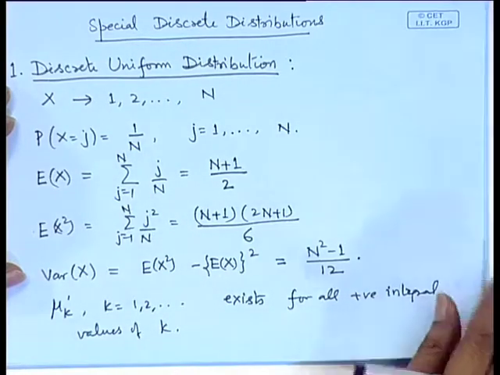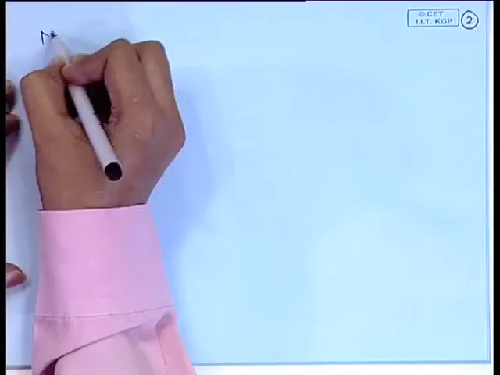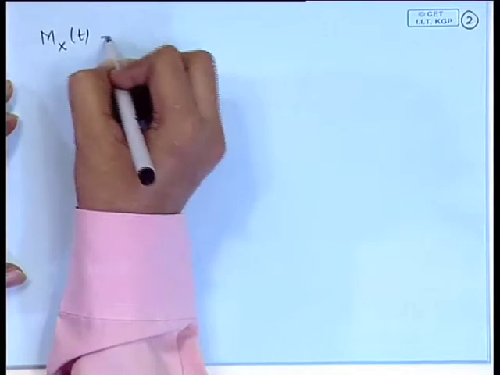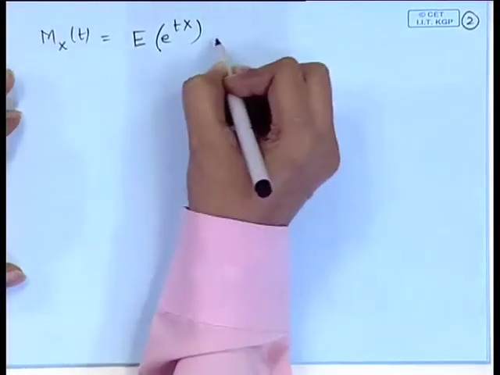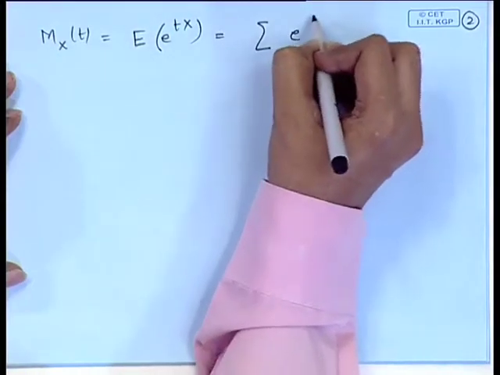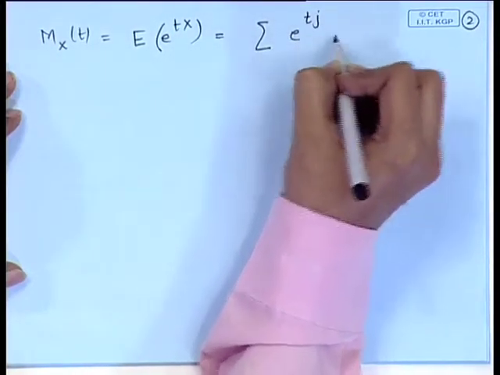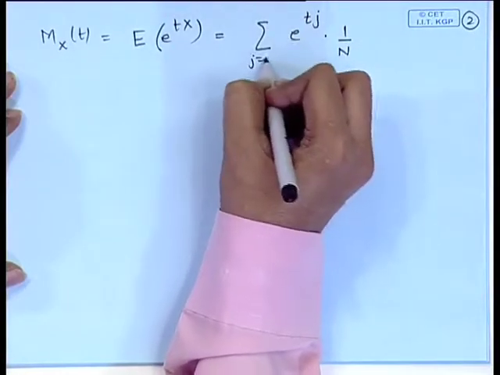We may also look at the moment generating function of this distribution, m x t, that is equal to expectation of e to the power t x. So, it is equal to sigma e to the power t j, and each is with probability 1 by n, j equal to 1 to n.